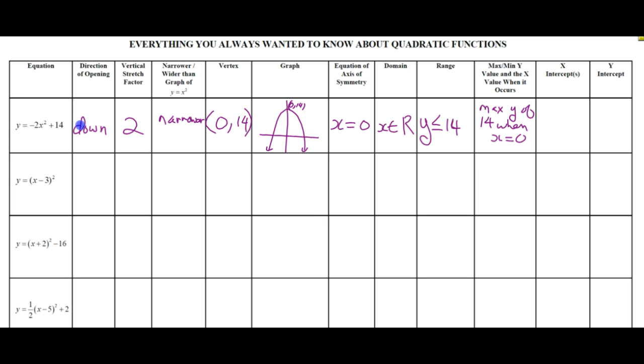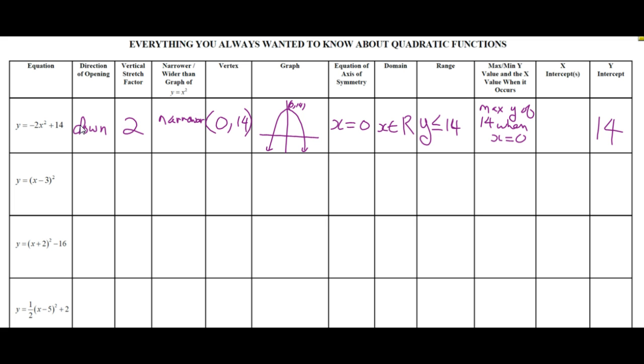Let's do the y-intercept first, because that's easy. What's the y-intercept? 14. What are the x-intercepts? So the x-intercepts aren't kind of easy, obvious stuff. We need to solve this. When do the x-intercepts occur? When y equals 0.